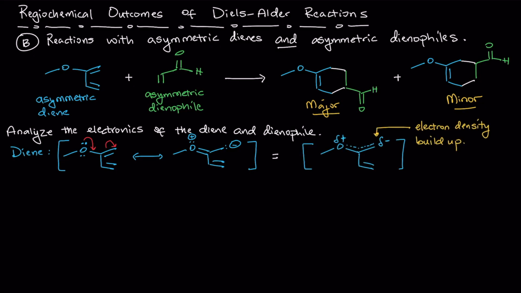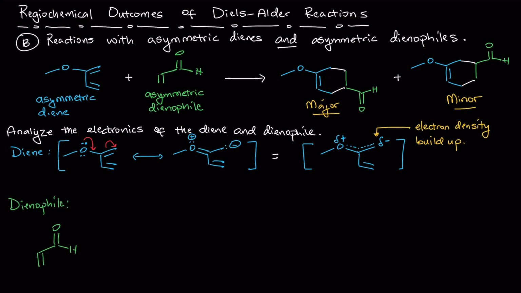And so once you draw out your resonance hybrid, we will then be able to see that there is a buildup of electron density on one end of our diene, right? So there's only one end that has a partial negative charge, and that is the side that is adjacent to that ether oxygen. So take note of that particular position on our diene, and let's compare that with our dienophile.